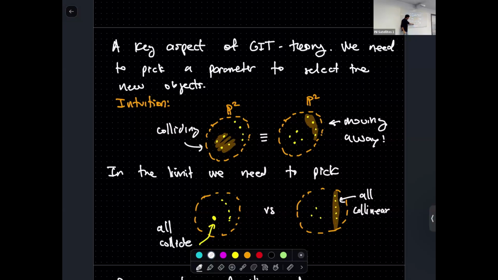And you can allow this degeneration where all points collide, or you can say these points do not move, but the ones at infinity are just getting farther and farther away, and they are equivalent to each other.